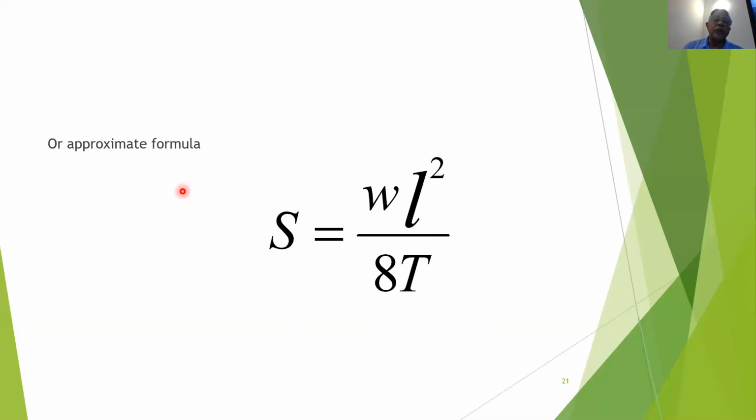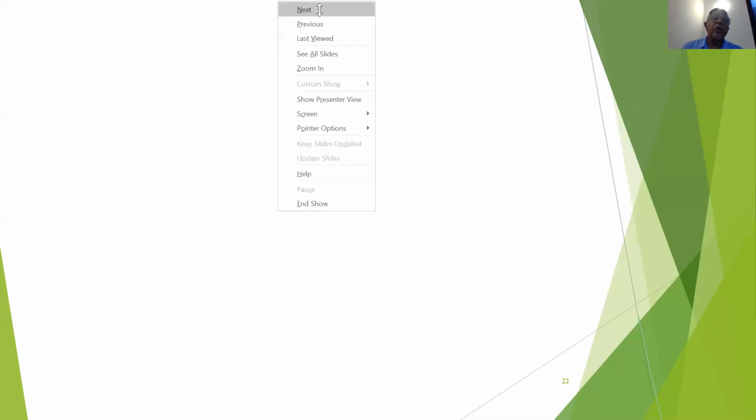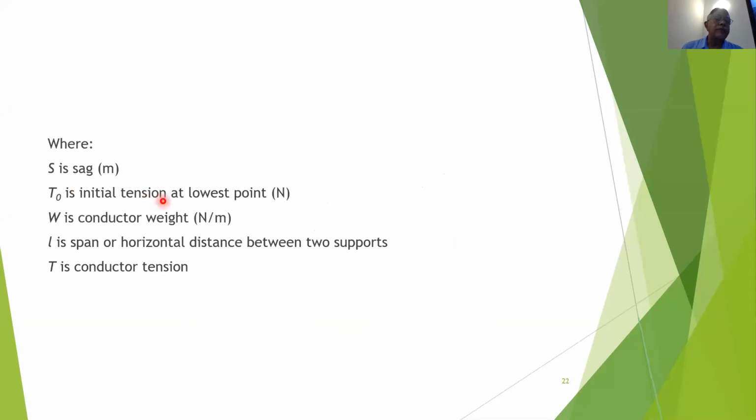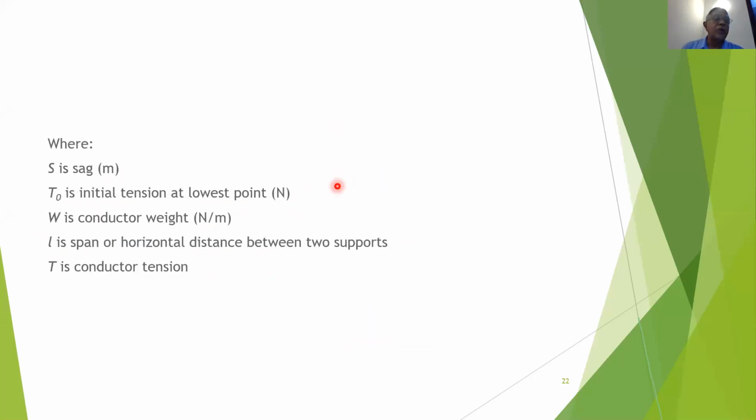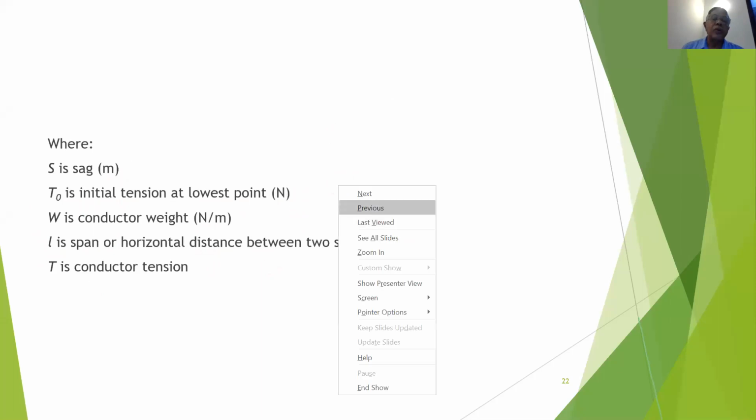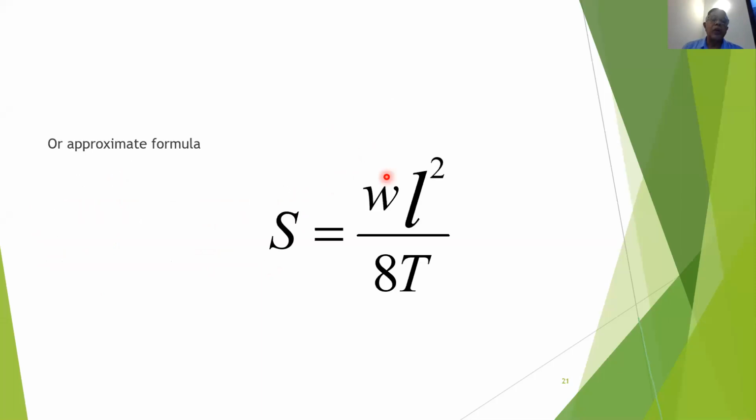In this equation, W is the conductor weight in Newton per meter, S is the sag, T naught is the tension at the lowest point, L is the horizontal distance between two supports, and T is the conductor tension. So this is the equation.